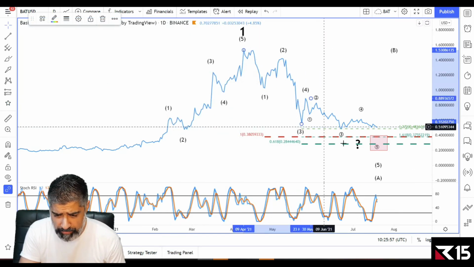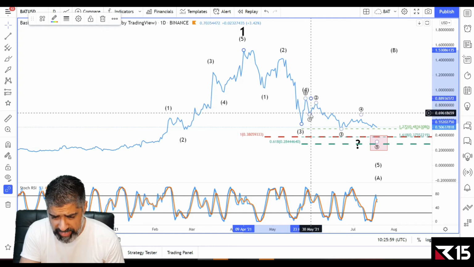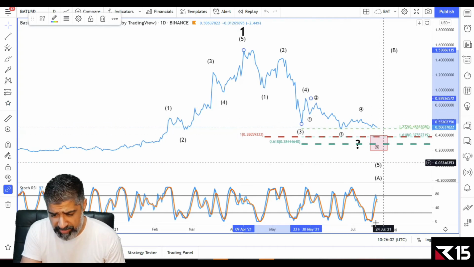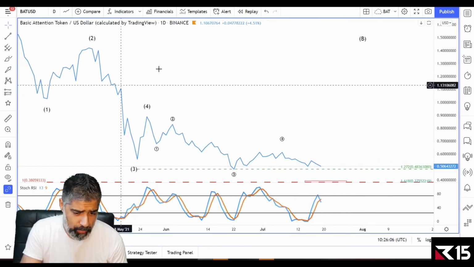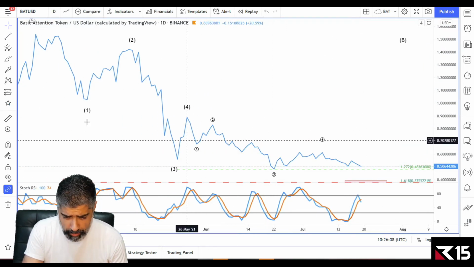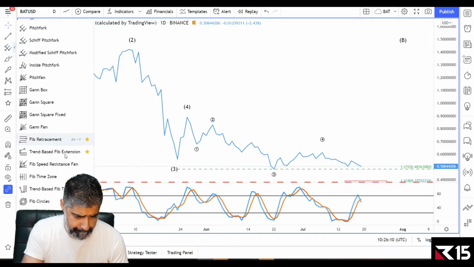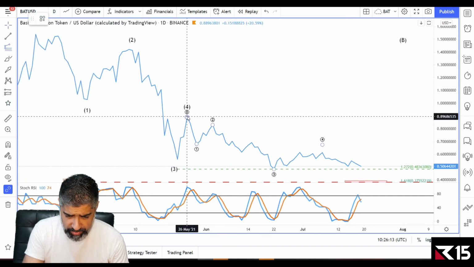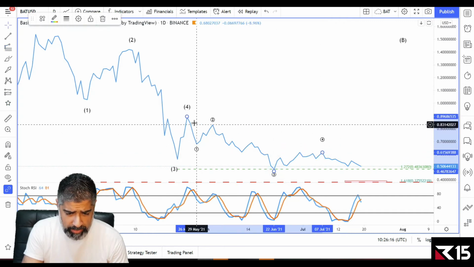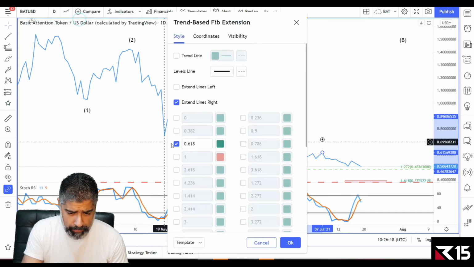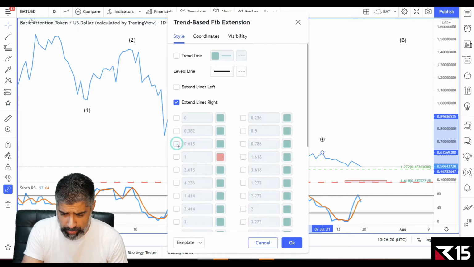So we've got this 1, 2, 3, 4, 5. This is that projection, but we've also got this here, 1, 2, 3, 4, 5. So let's just zoom in over here and see if we get a cluster. A typical wave 5 low over here would be, if we measure this here to here and project it from this wave 4, the typical two numbers are 61.8 and 100%.